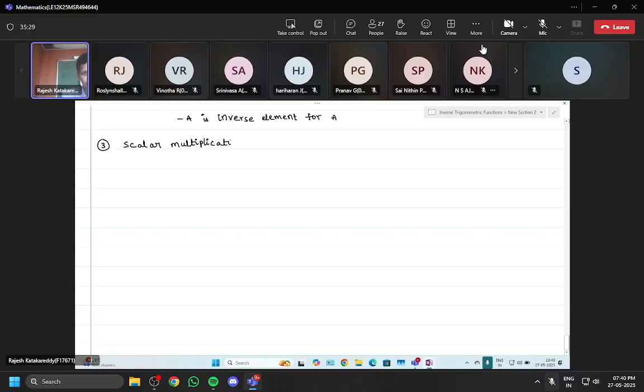Scalar multiplication for a matrix. Here it is not necessary that the matrix should be a square matrix or something like that. This exists for any matrix of any order.